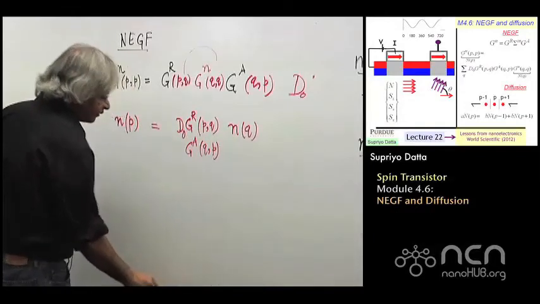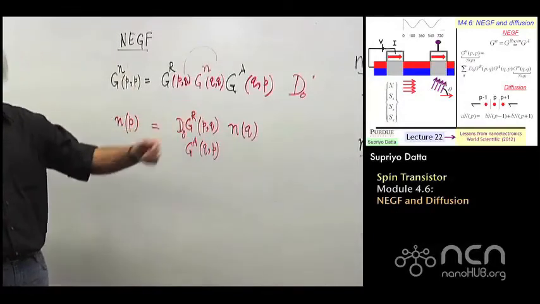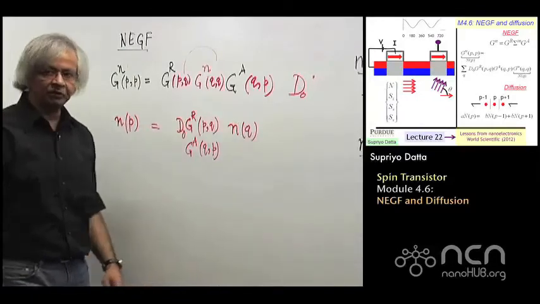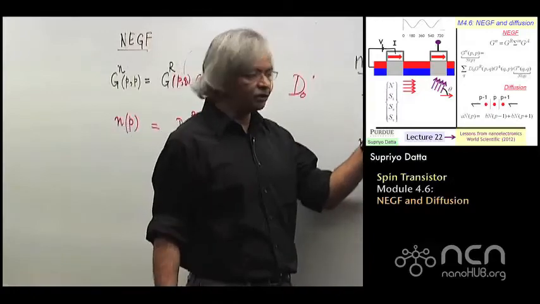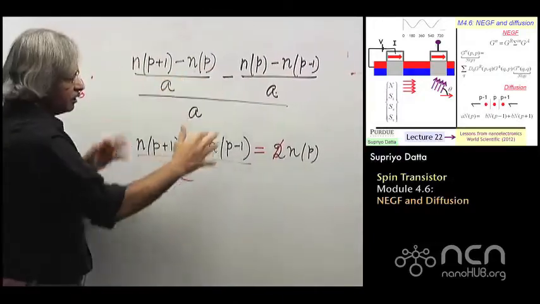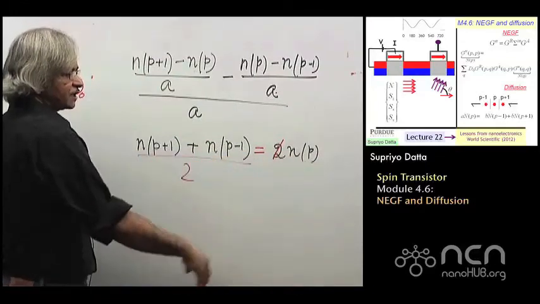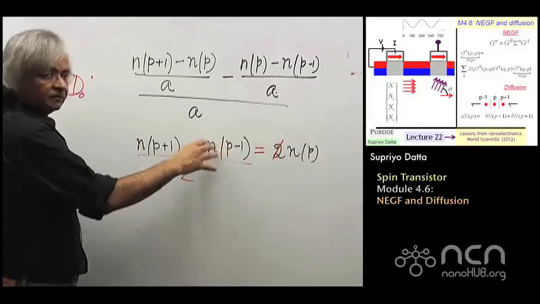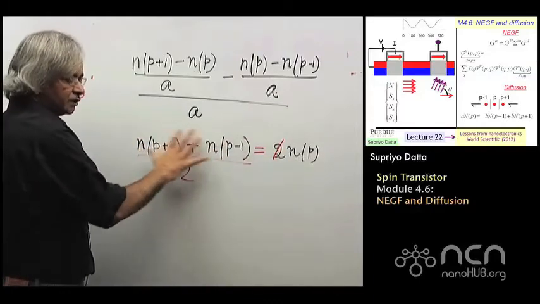So the point that I'm trying to make is, this then starts to look a lot like a diffusion equation. Because with the diffusion equation, if you recall what I showed you a minute earlier, d2n dx2 equals 0, you could reduce it to something of this type, where n of p is composed of n of p plus 1, n of p minus 1, terms like that.